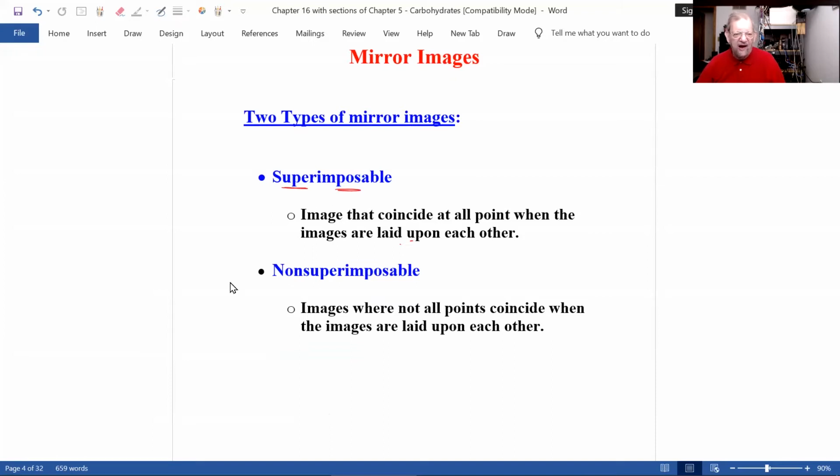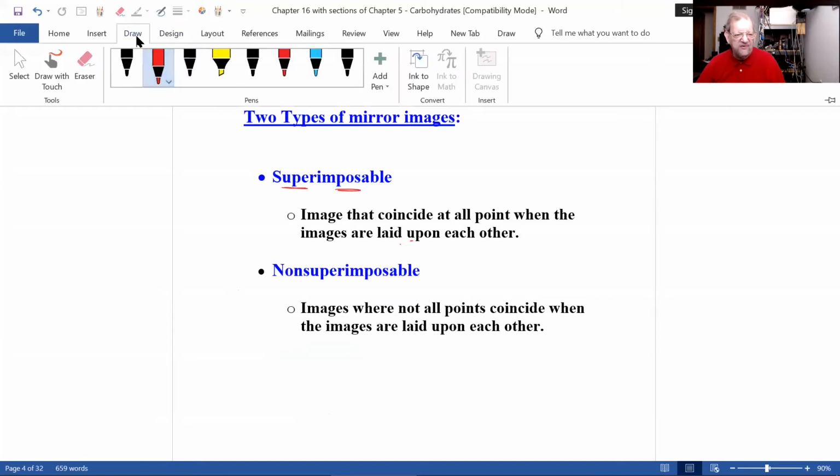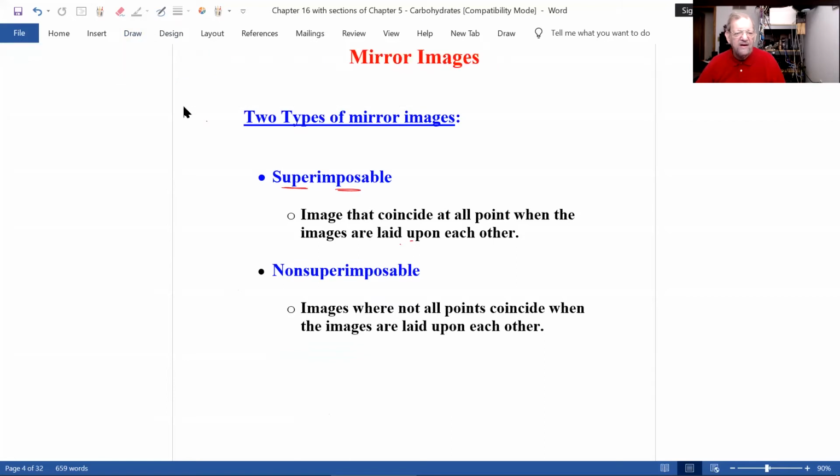Now, the other type is a non-superimposable image. And those are object and its image where not all points coincide. In other words, it's not superimposable.